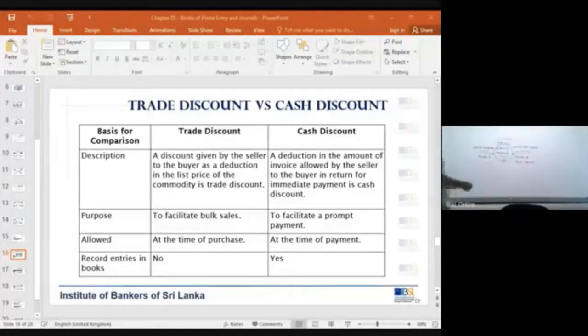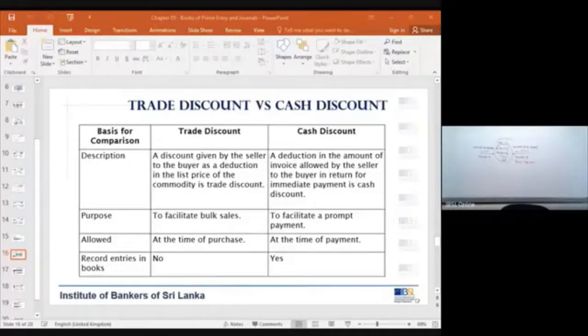So this we call a bulk purchase, where buyer B does a bulk purchase and gets a benefit of 8,000 rupees discount. Here buyer A is doing a transaction of 1 unit, and he is getting a discount of 2,000 rupees because he is paying in cash.